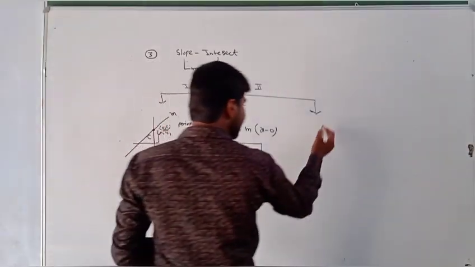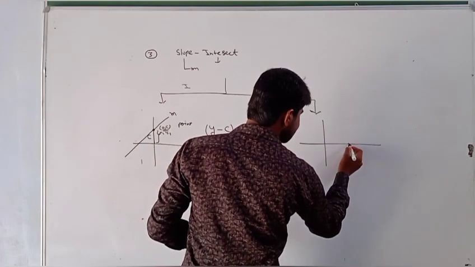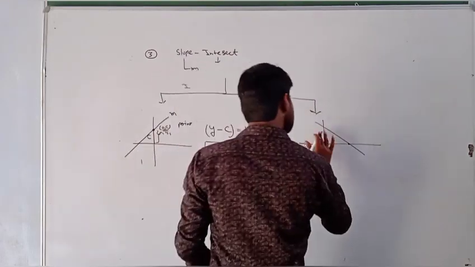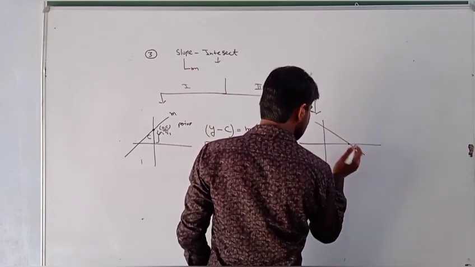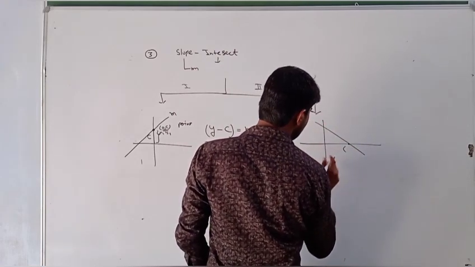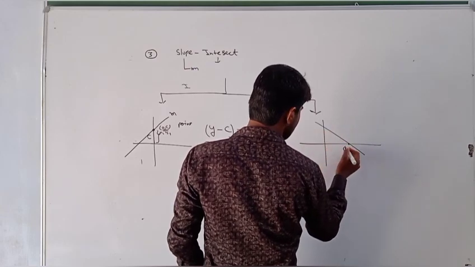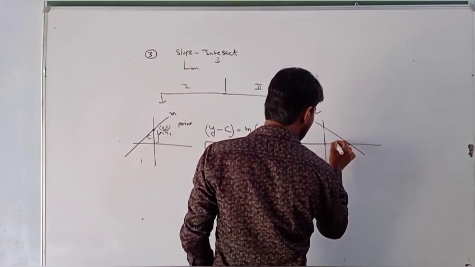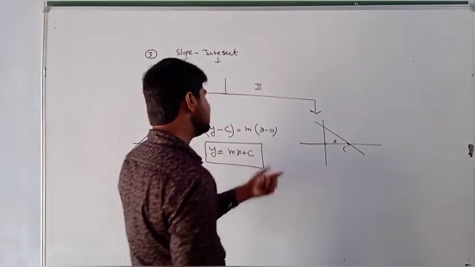On the other hand, if the intercept on the x-axis is given, then this line will go like this, and here we can say that this will be the intercept on the x-axis. We will take it as d.